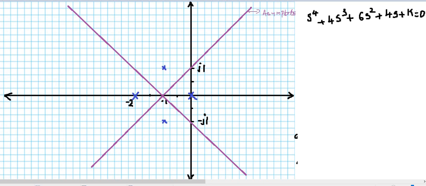From where did we get this characteristic equation? We already have G(s)H(s), that is given in the question.